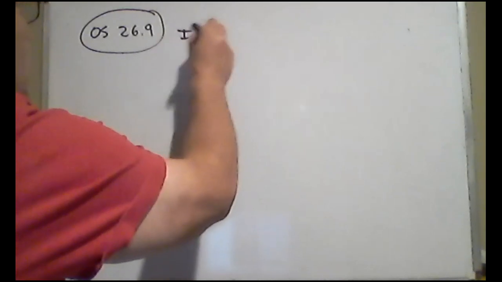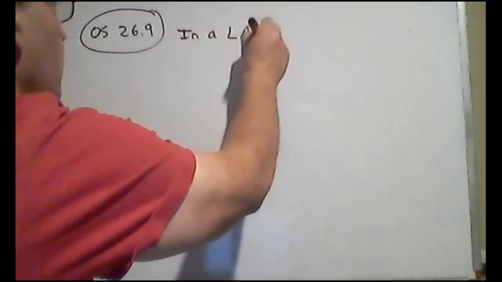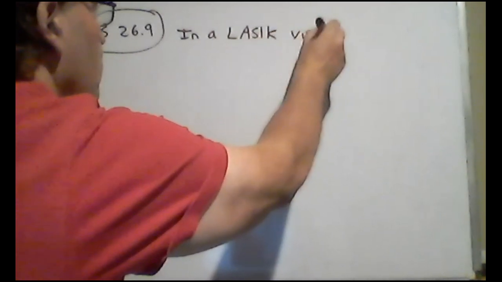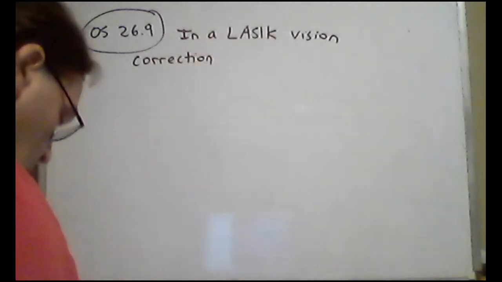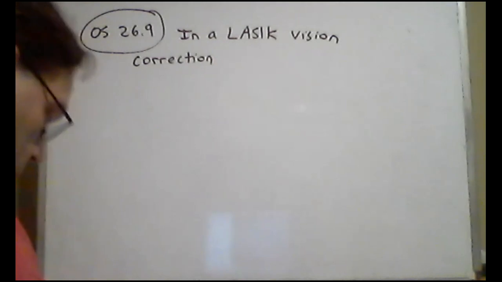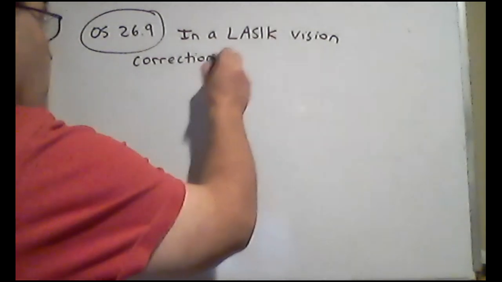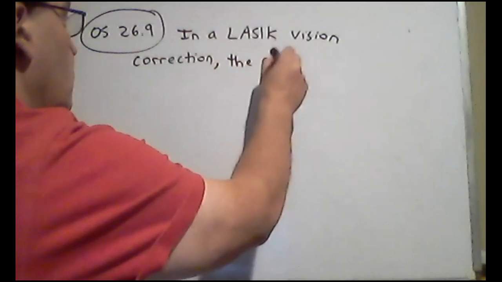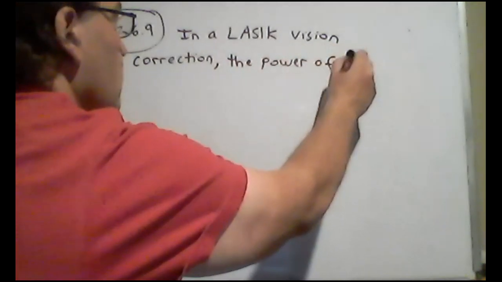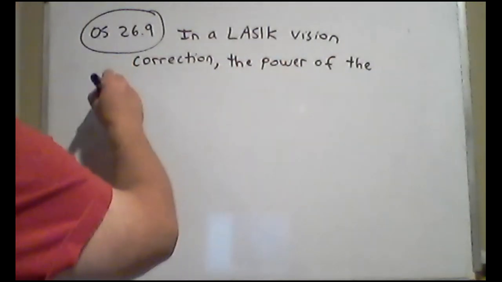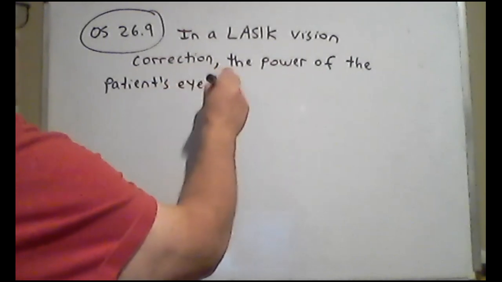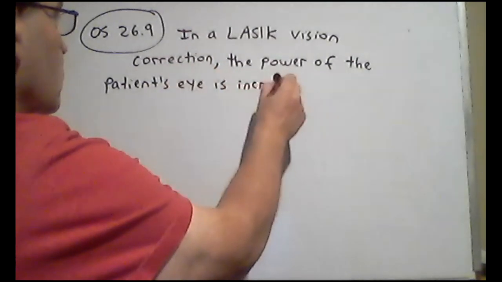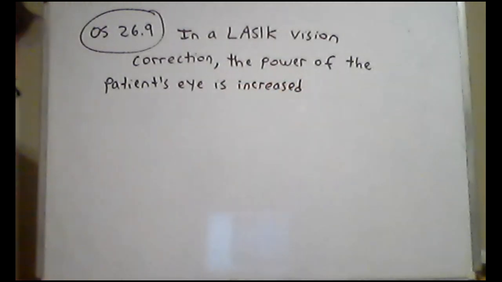That says in a LASIK vision correction, the power of the patient's eye is increased by 3.00 diopters.